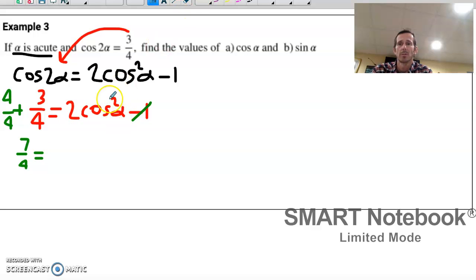And so what I would do to get rid of the 2 is divide by 2. So that would be gone. And dividing by 2 is the same as multiplying by a half, because dividing by fractions is the same as multiplying by the reciprocal. So I've basically freed up this cosine squared alpha over here, which is what I was trying to do. And on the left side, I can now multiply this, and I would have 7/8.